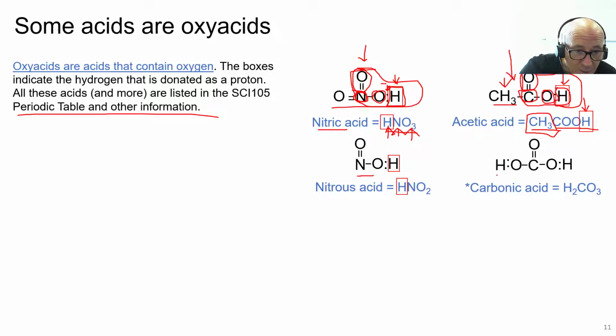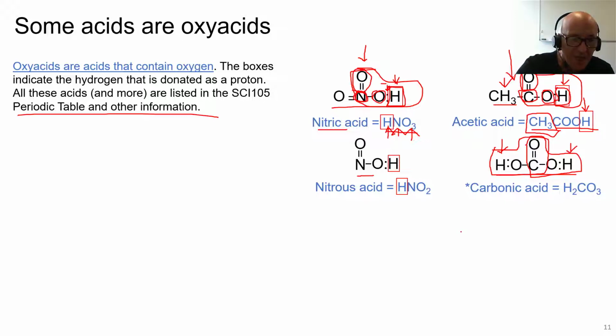So in this molecule here, now getting back to carbonic acid, you can see you've got that arrangement there, and you can also see you've got that arrangement going this way as well. So both those hydrogens can be donated as protons. So that kind of acid, where it can donate more than 1 proton, is called a polyprotic acid.